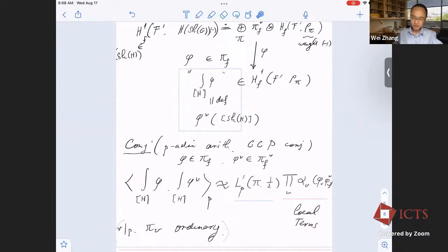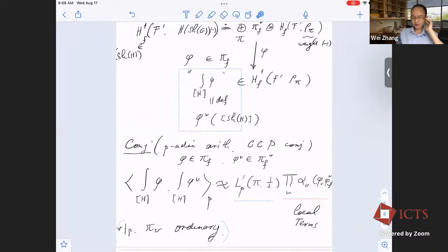But then you combine with the work of, maybe Yifeng Liu has talked about, our joint work on the Bloch-Kato conjecture in the rank 0 case. There we also prove rank 1 with some Euler system type argument which can give an upper bound.